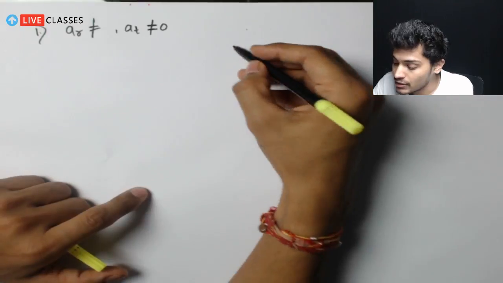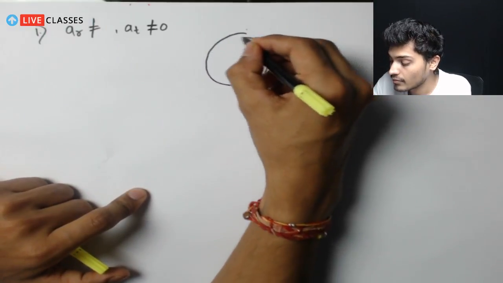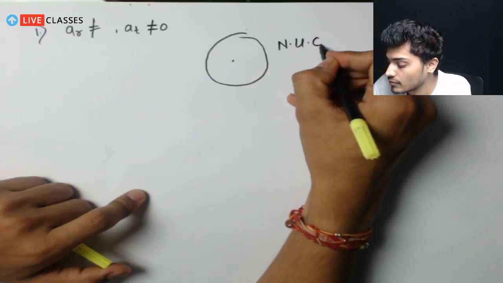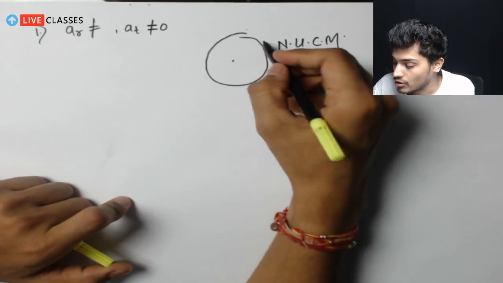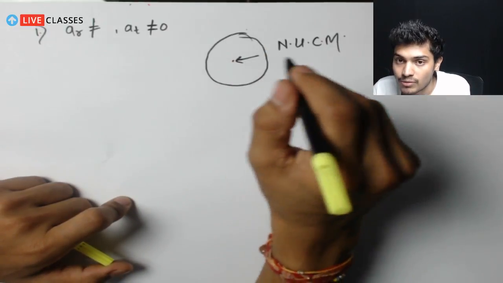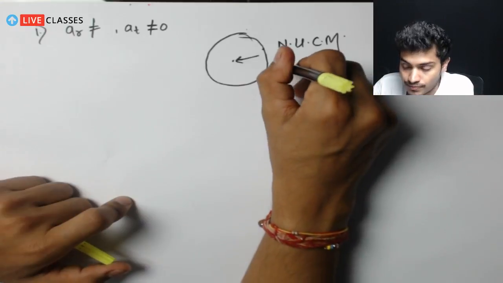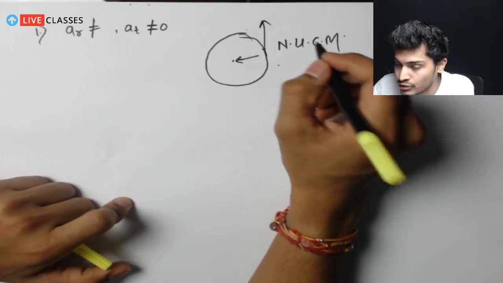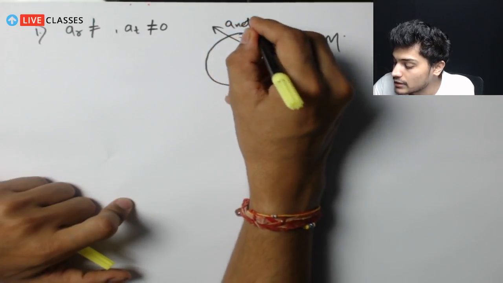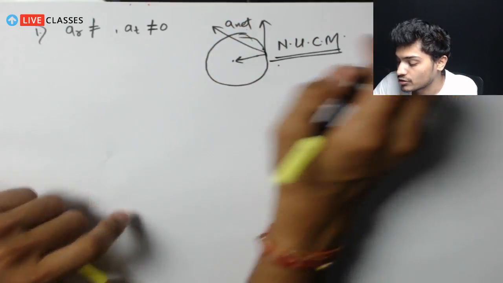In that case it will perform non-uniform circular motion, because some radial force is acting, so it will move in a circular path, but AT is also not 0, so it will also get some tangential acceleration, and it will perform non-uniform circular motion.